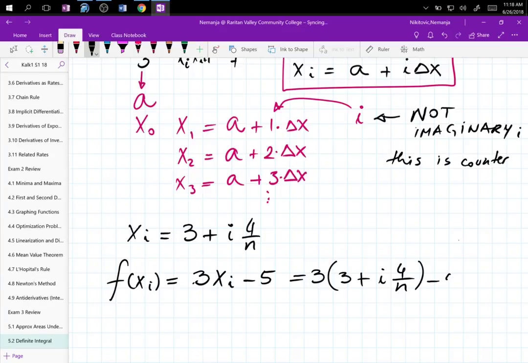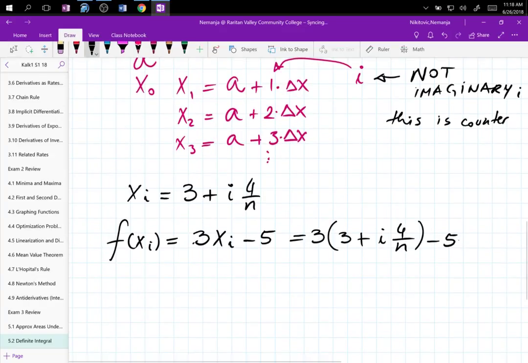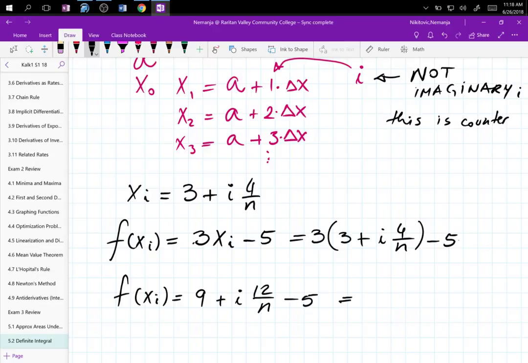That's fine. So finally, f of xi is calculated as, when you distribute this, 9 plus i times 12 over n minus 5, for a total of 4 plus i times 12 over n.